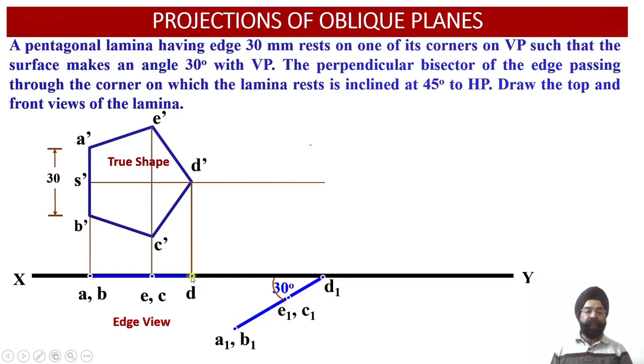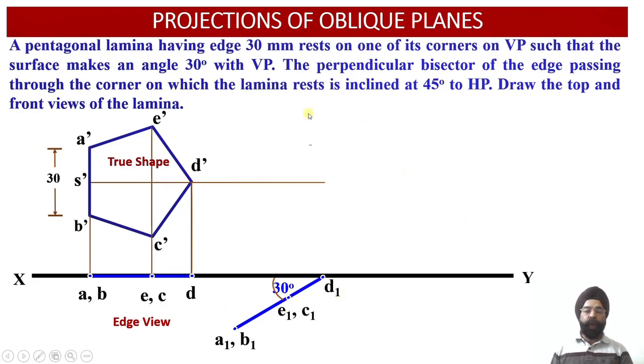Now the distance between D and EC, this distance will be translated over here. Similarly, the distance between EC and AB, it will be translated over here. So now the edge view, that is the top view projections of the lamina, which happens to be inclined with respect to VP at an angle of 30 degree, have been obtained.